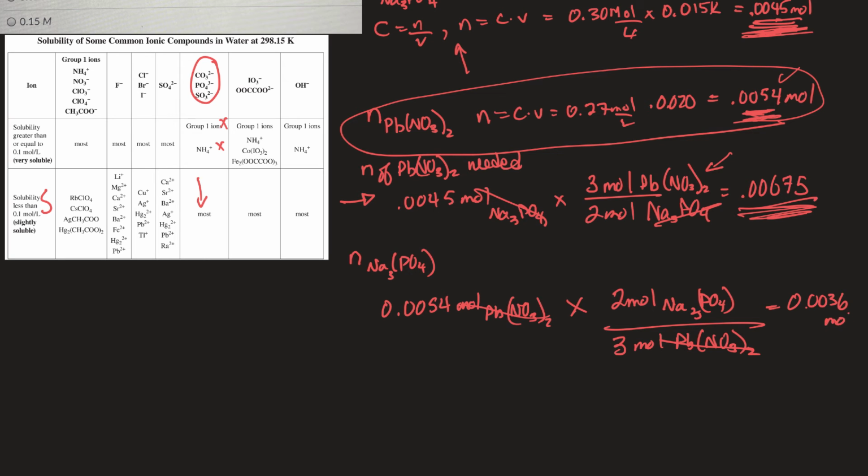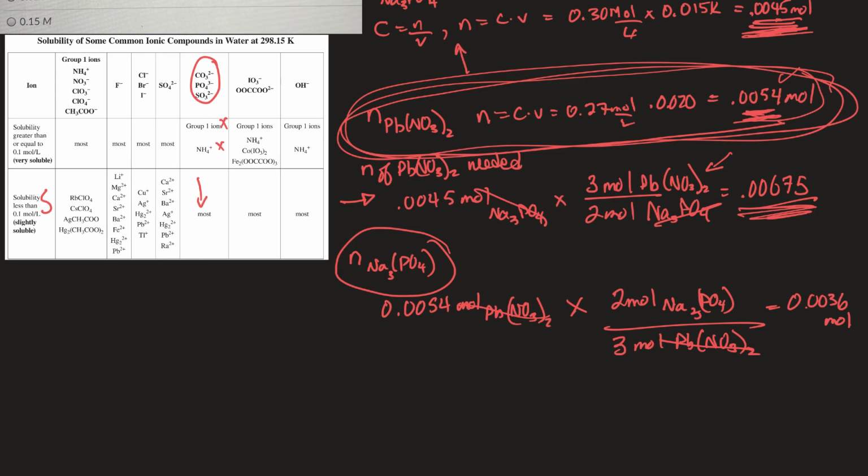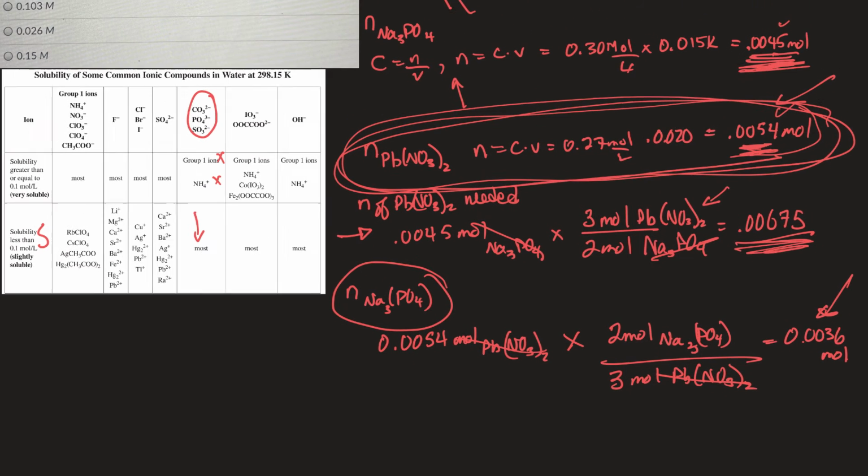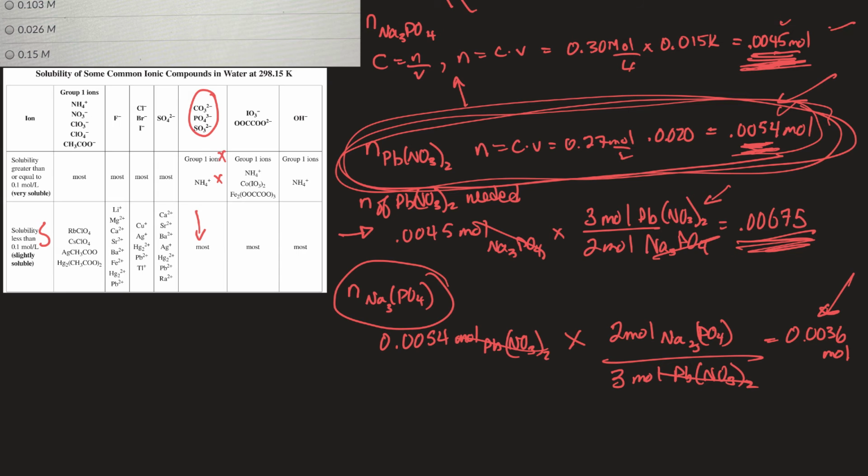That's how many moles of the sodium phosphate that would get eaten up if I used all of this lead 2 nitrate. So this gets used up and this gets used up. But if I take a look back, I have that much. So I used up this much, so I'm going to have some extra. It looks like I'm going to have 0.0009 moles of the phosphate stuff left over. So let's just do that subtraction.